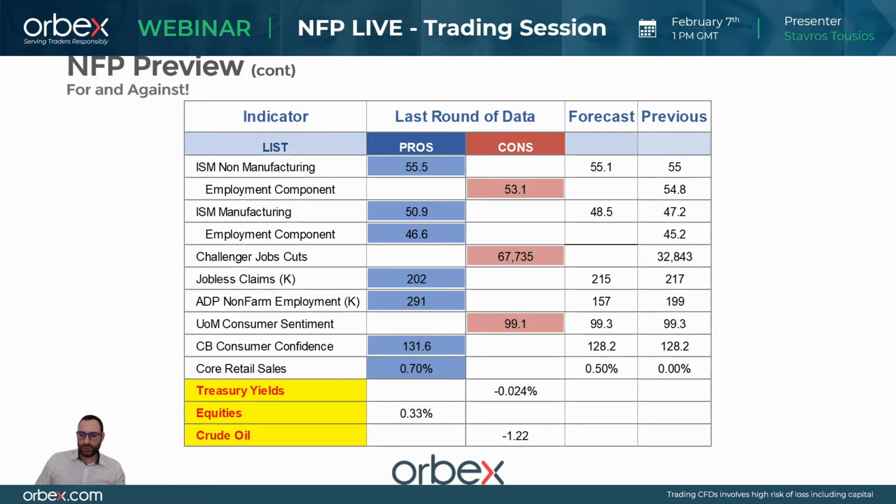And Treasury yields are down, particularly the 10-year yields. So all the lagging indicators show that we're going to have a positive NFP, okay? That means particularly better than the previous figure rather than better than the expectations, right? However, the leading indicators are showing to me that they are a little bit mixed.